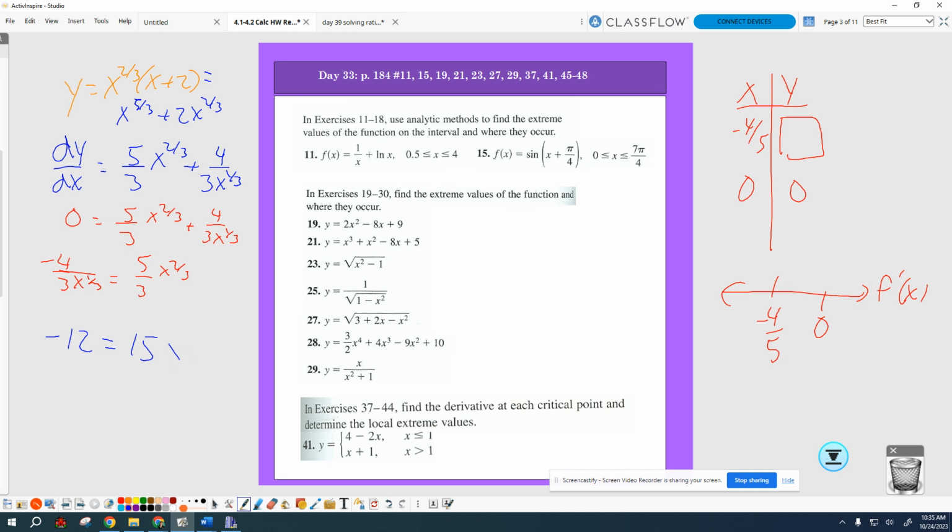I add the exponents and I get x. -12 over 15 reduced, take a 3 out of the top and bottom, I get -4/5. Sorry, I got lost with the x to the 1/3 there. Okay. x to the 1/3 times x to the 2/3. Oh, okay. We add the exponents and we get x to the 1.